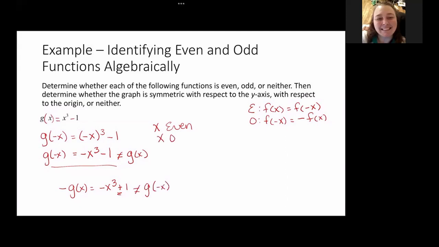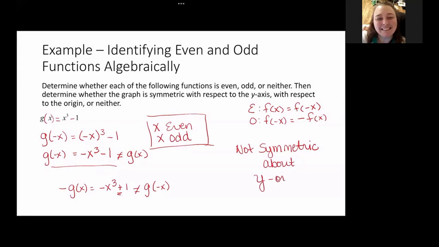So it's not odd. So it's not even, it's not odd, it's not symmetric, S-Y-M-M-E-T-R-I-C, about anything, about the y-axis or the origin. So it's not symmetric about the y, and it's not going to be symmetric about the origin.